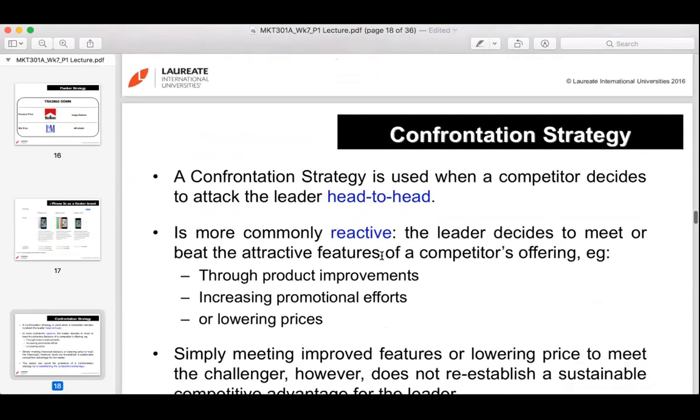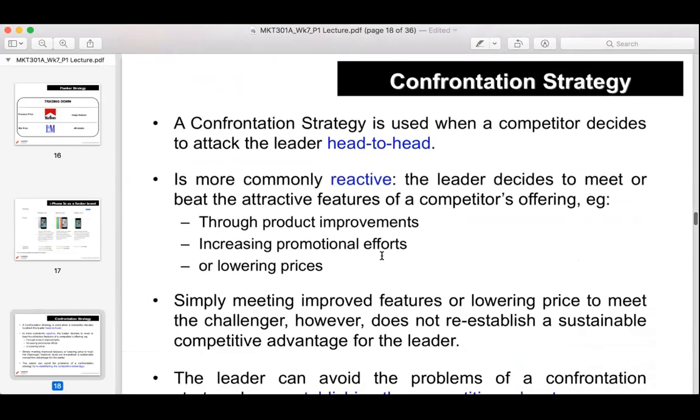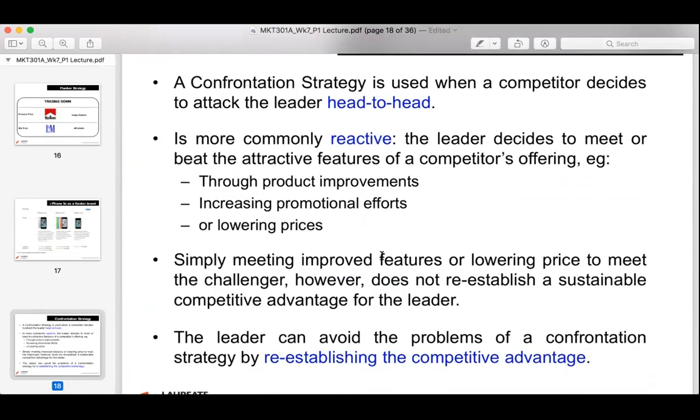The next one is confrontation strategy, where as the market leader you attack head-to-head, or if you're the follower, you attack the leader head-to-head. More commonly reactive. From the leader perspective, they decide to meet or beat the attractive features of the competitor offering.